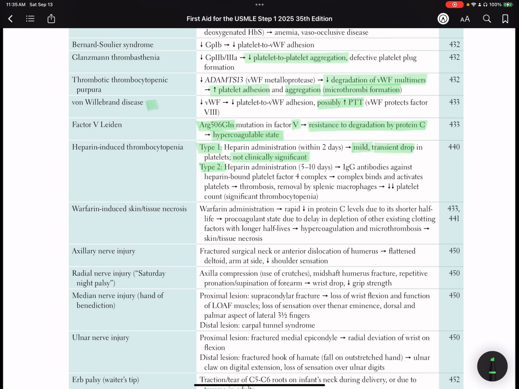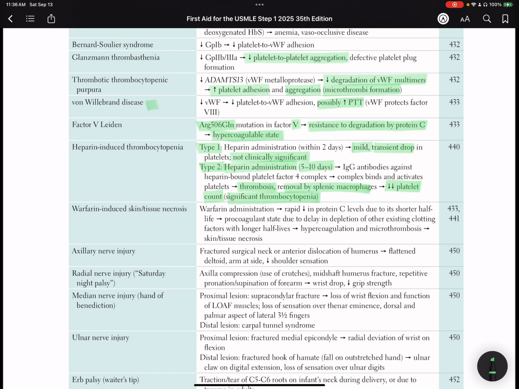With heparin administration, after 5 to 10 days there are IgG antibodies against the heparin-bound platelet factor 4 complex. This complex binds and activates platelets, leading to thrombosis and removal by splenic macrophages, which causes a decreased platelet count, significant thrombocytopenia.